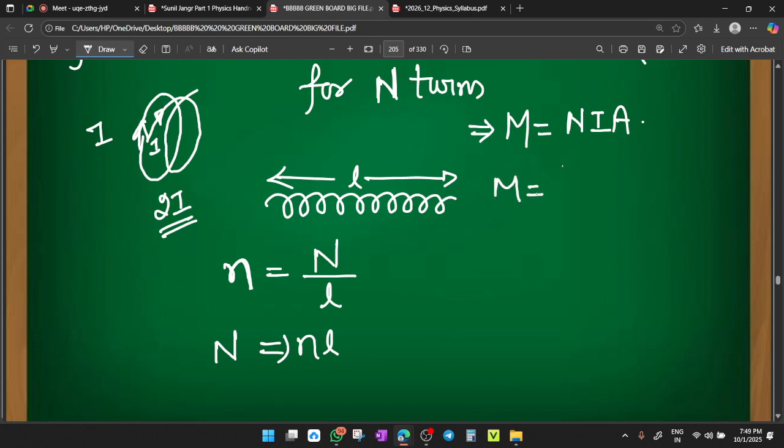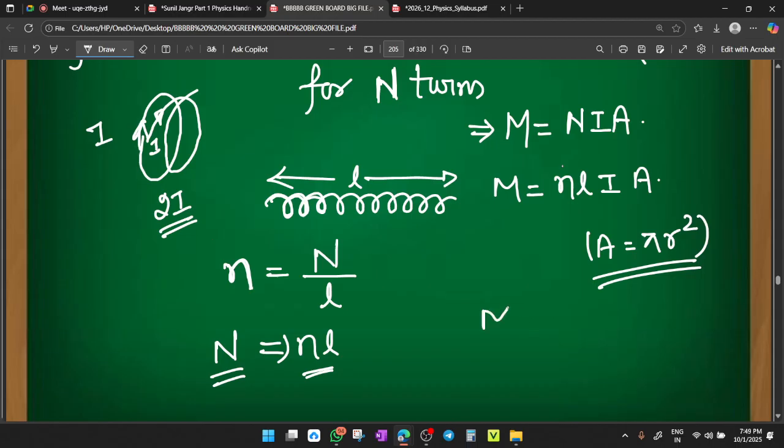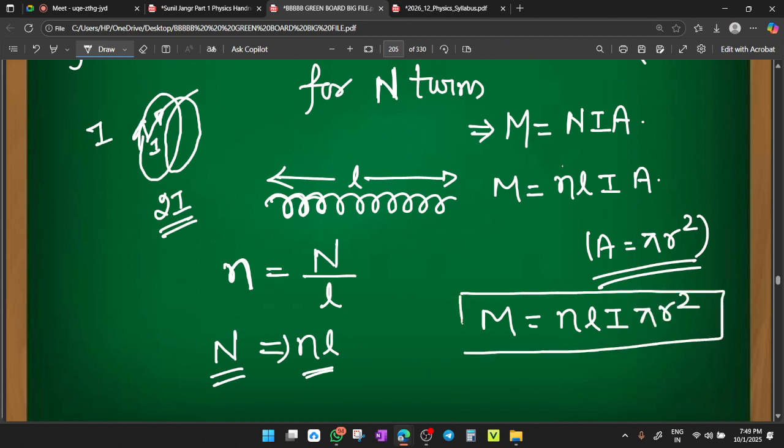So M equals, in place of capital N, you can write small n into L into I, and this is area, right? If you see these loops, these are circular loops. For that, area equals pi r square. So M equals n L I pi r square. Clear? This is the magnetic dipole moment for a solenoid.